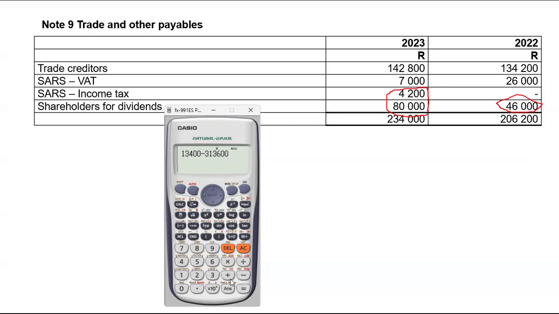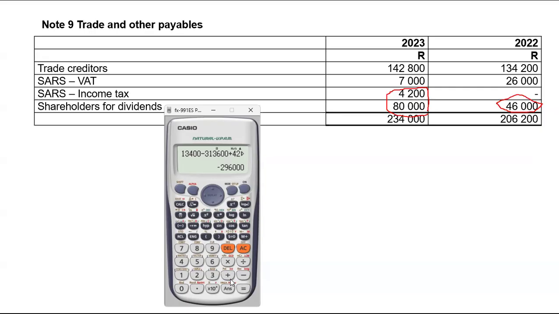So it means you didn't pay it. So it's not a cash outflow. You didn't pay this 4,200. That's why it's not a cash outflow. And it'll give you your tax paid, which will be 296,000. Got it? You sure?